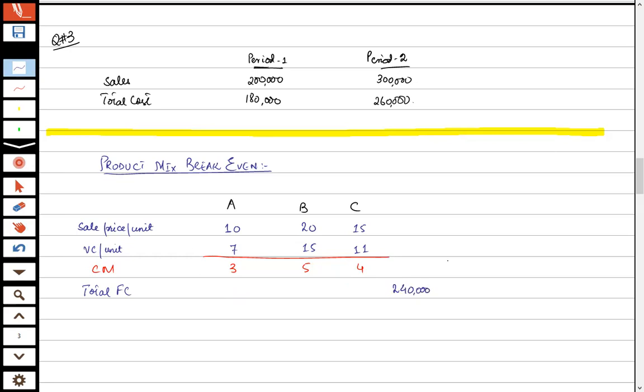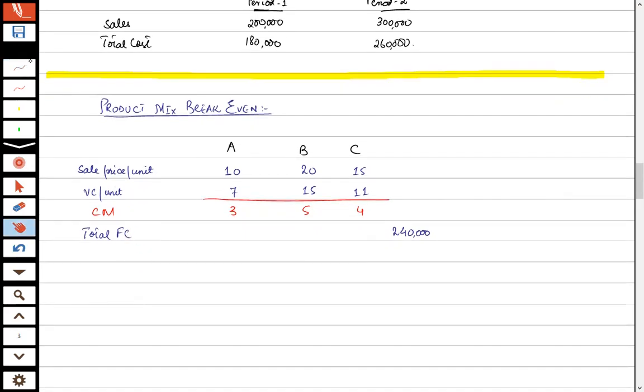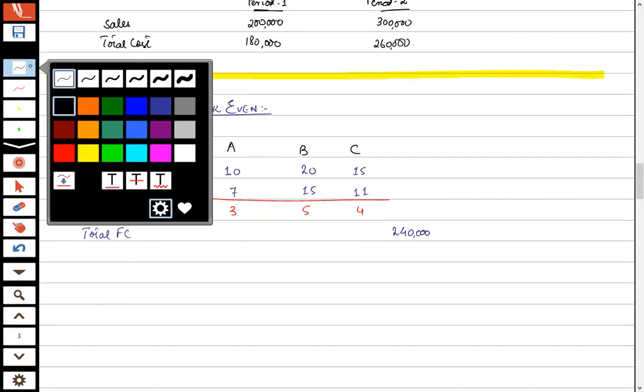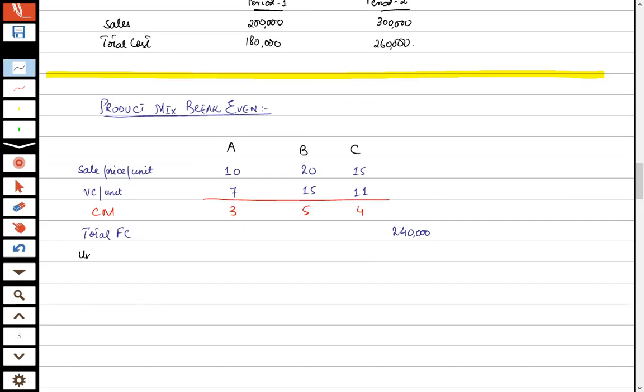And we have been given the information of units sold: 25,000, 15,000, and 10,000.